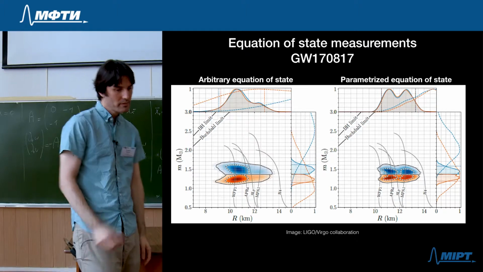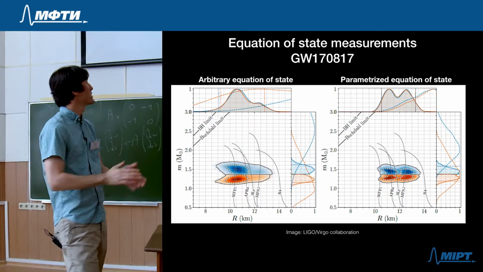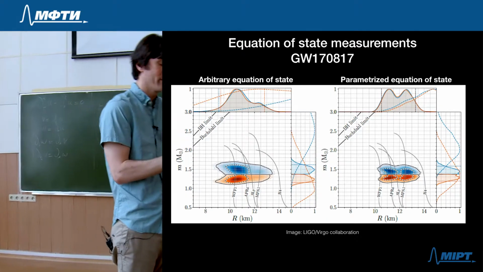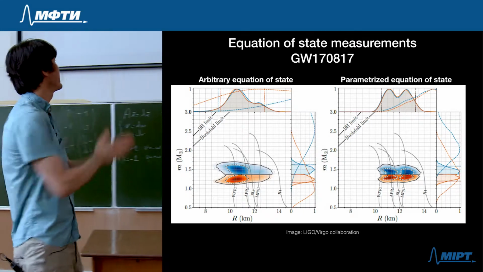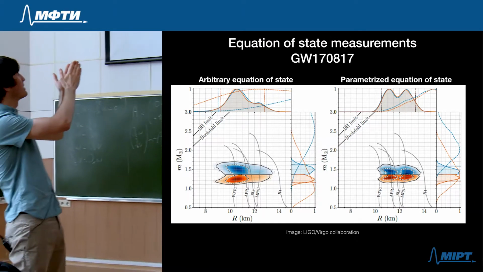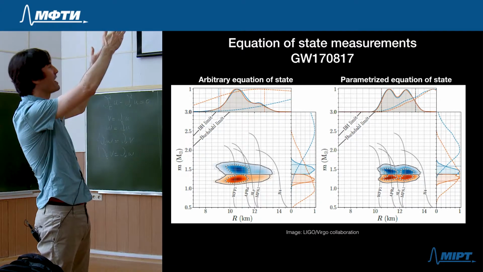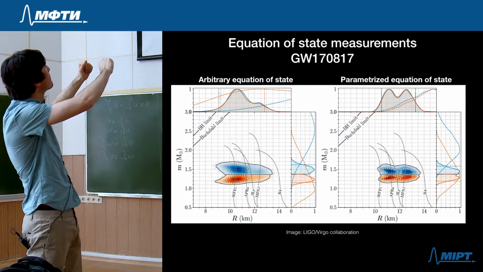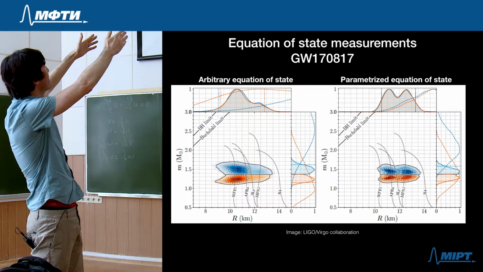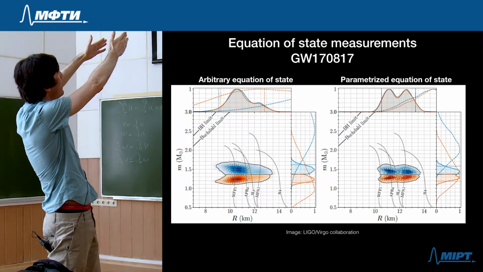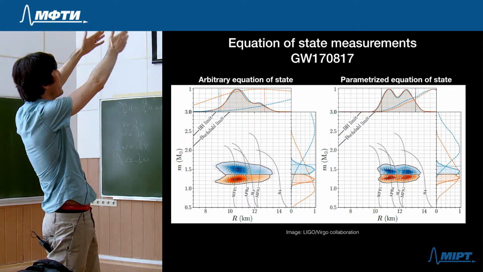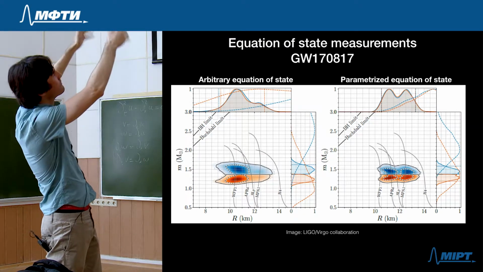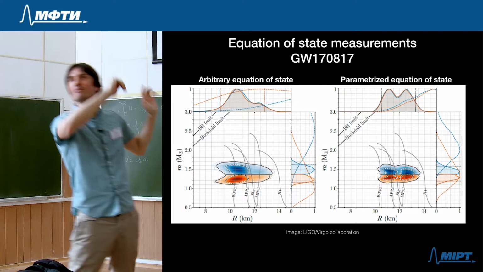So here's how those tidal effects have been measured in LIGO, in the one event that LIGO has observed. And here's the type of constraints that they get on the mass-radius relationship of neutron stars. You can see that, roughly speaking, you constrain the size of the neutron star to being within 9 and 13 kilometers, with a favored region somewhere between 10 and 12, more or less.